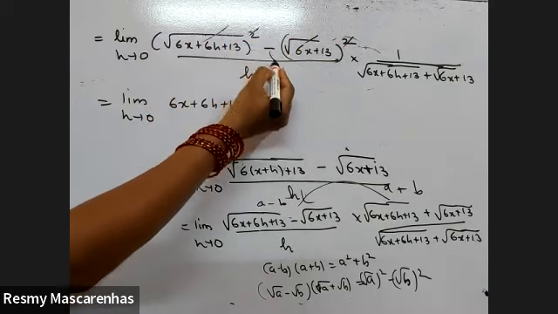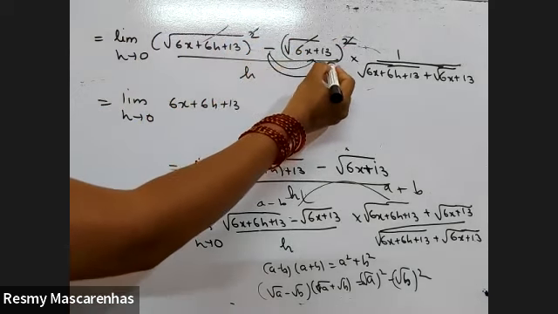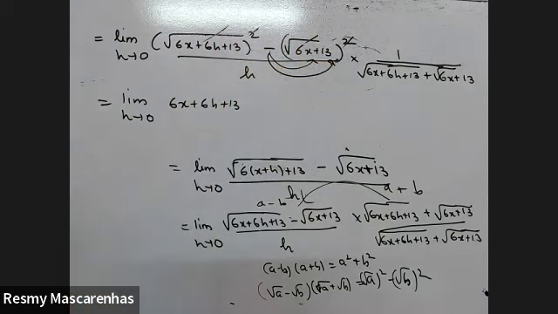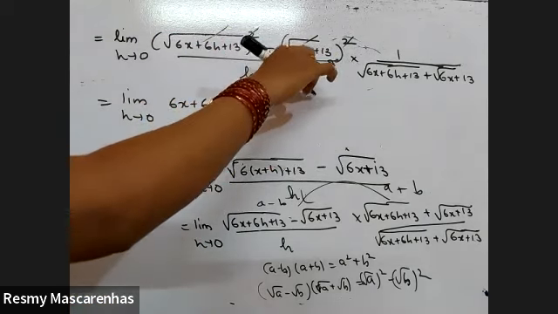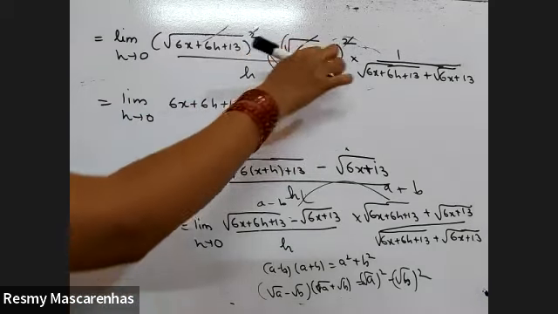Now here, minus gets multiplied to both the terms. So minus 6x minus 13.